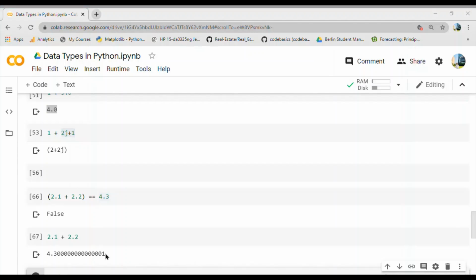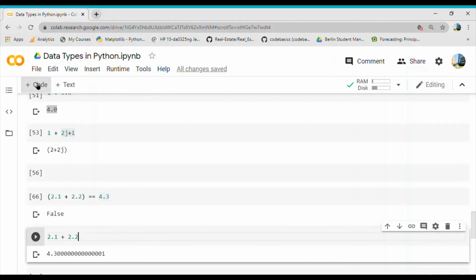Float numbers are stored in the computer as binary fractions. Computers understand only binary 0 and 1, so most of the decimal fractions we know cannot be accurately stored in the computer. This is an internal issue of storage in computer hardware. To overcome this issue, I will show you how. We can import the module decimal.